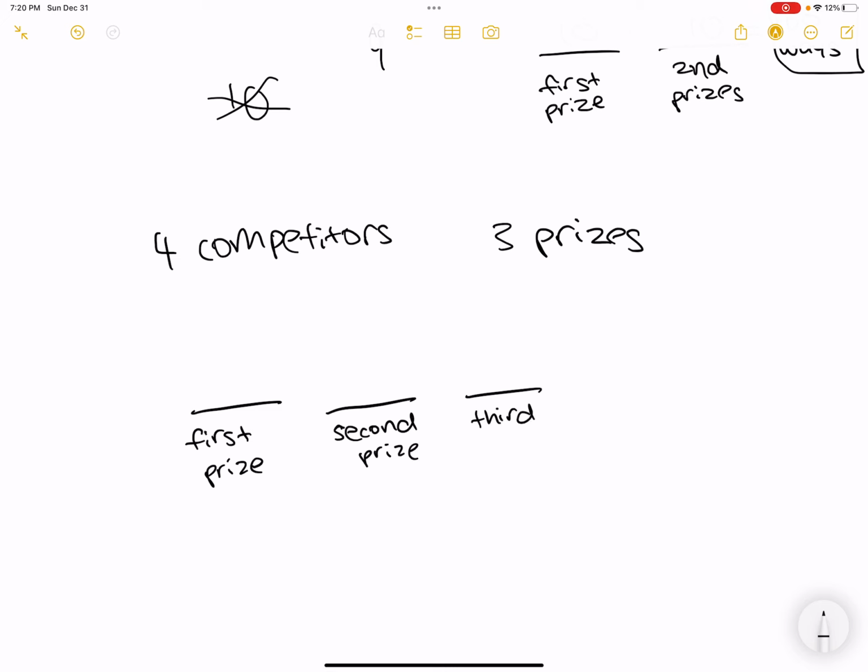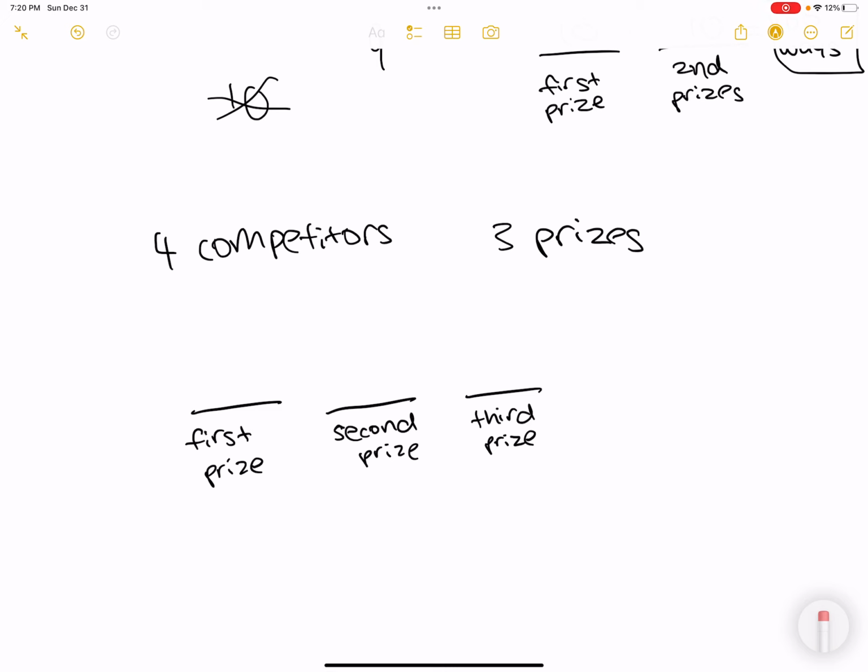Now, the question really emphasizes how many different ways is it possible that the prizes may be given. So we realized that the 4 competitors all have a chance of getting the first prize.